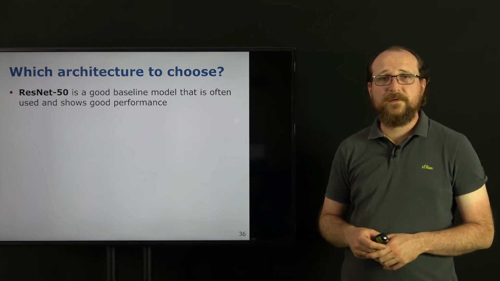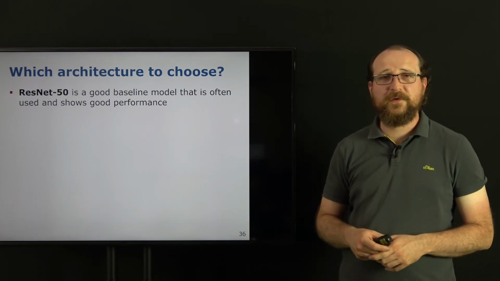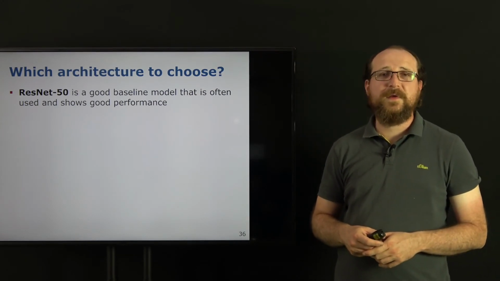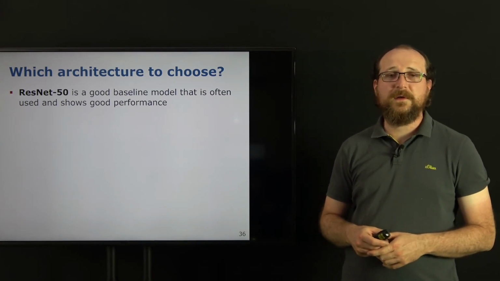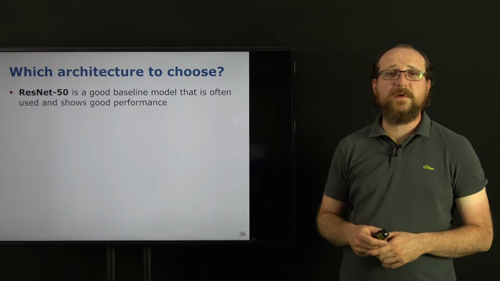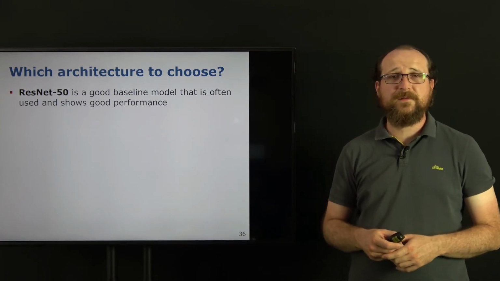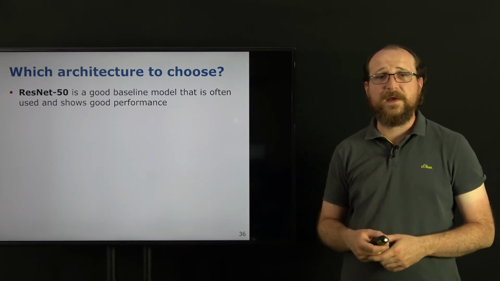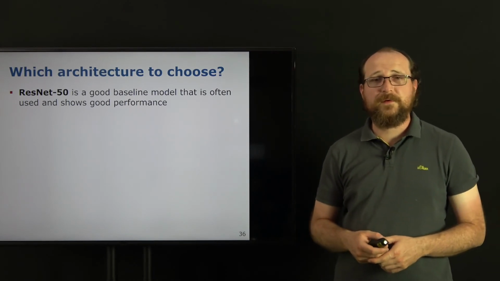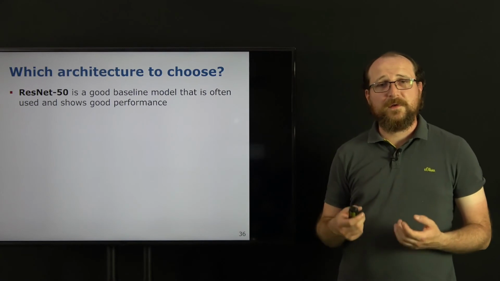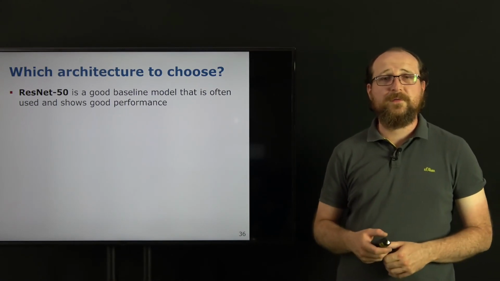So don't try to come up with a novel architecture, but start with something that you already know is performing very well. For this, the basic model over the years was ResNet 50 or some kind of ResNet, which provides a good baseline for the training and for the structure. And it showed very good performance.